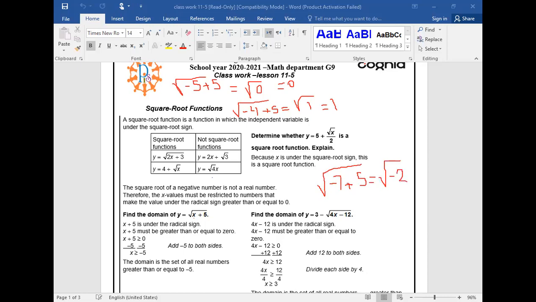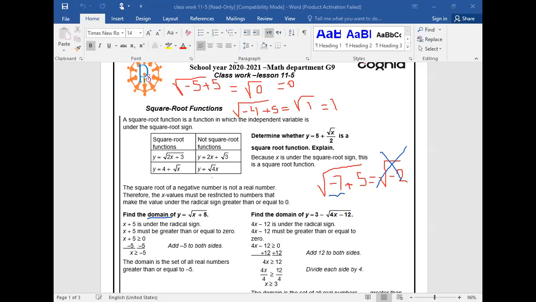So in this case, the answer will be wrong. As I said, we will not accept this. Why is the answer wrong here? Because you chose a number less than negative 5. For this reason, to calculate the domain, we make the inequality more than or equal to 0.